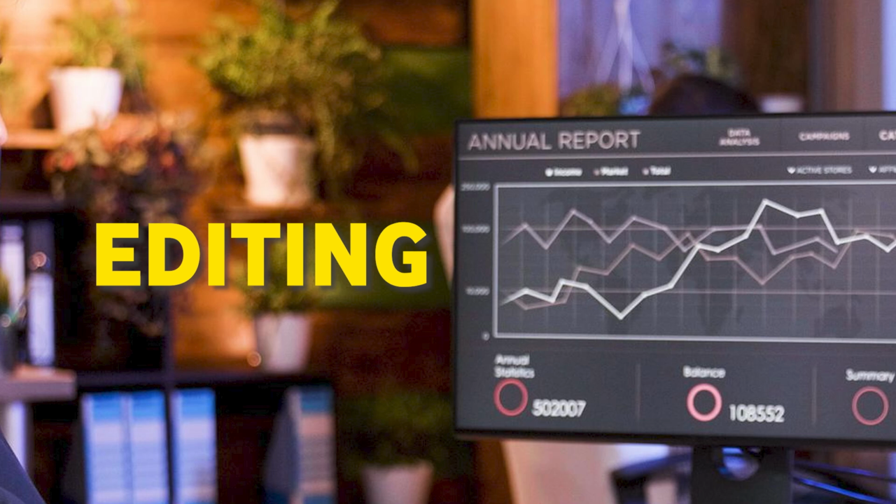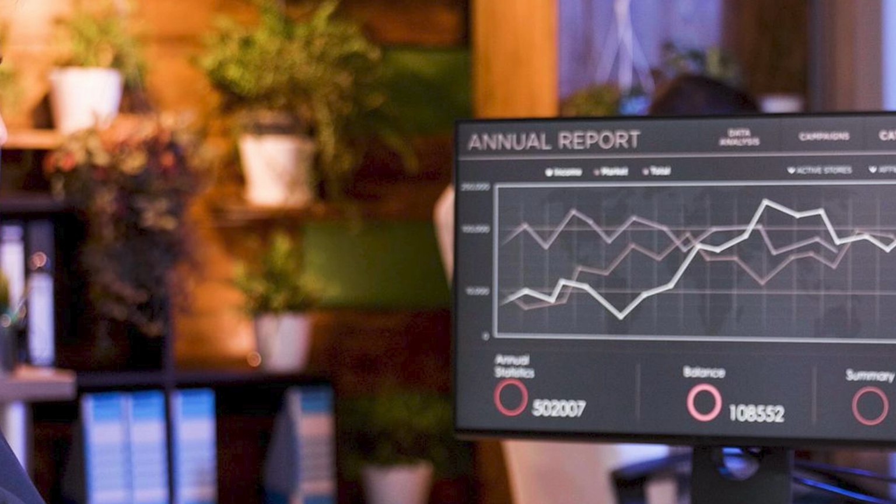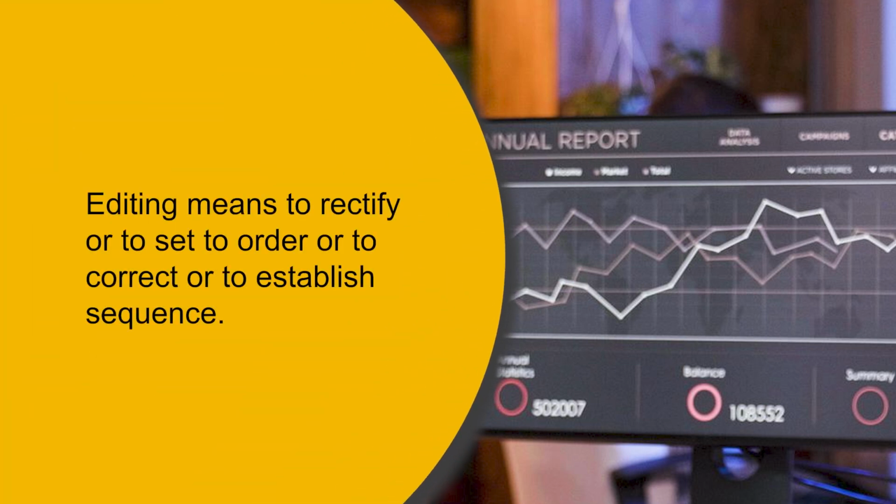So how you as a researcher should focus on the editing of the data, and what is the importance of this editing, right? For example, editing means to rectify or to set, to order or to correct or to establish the sequence.